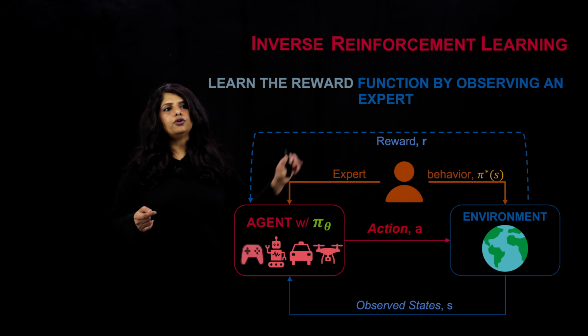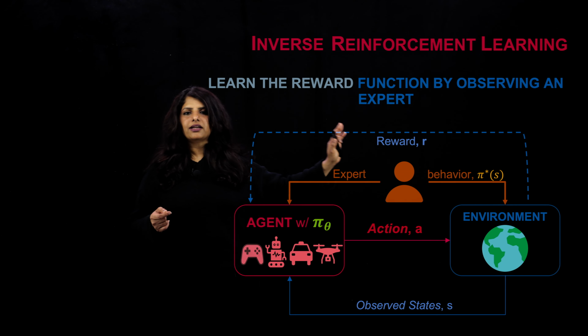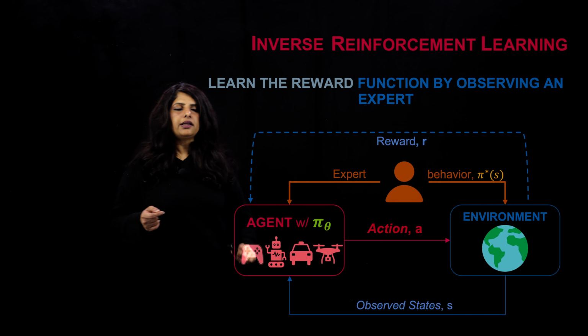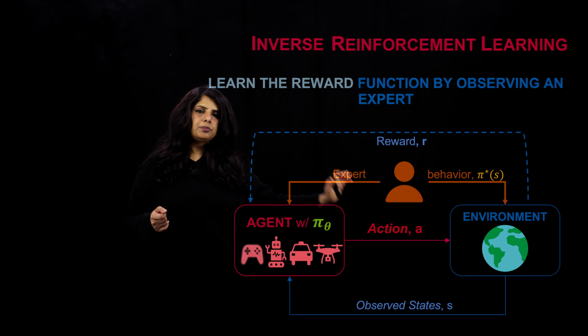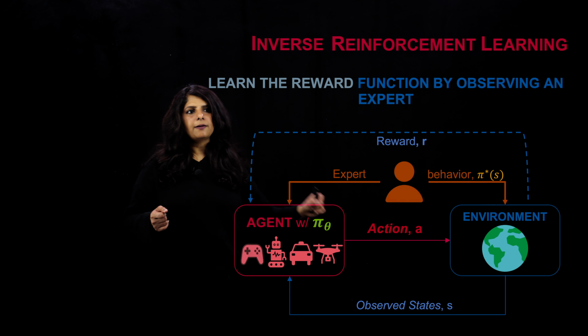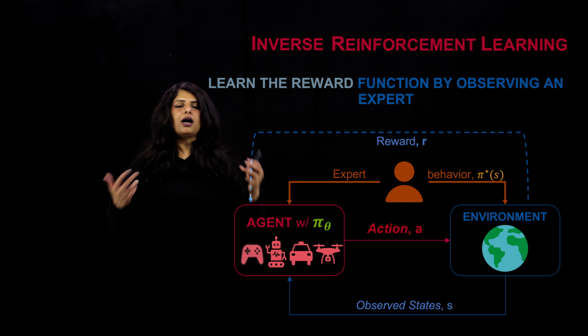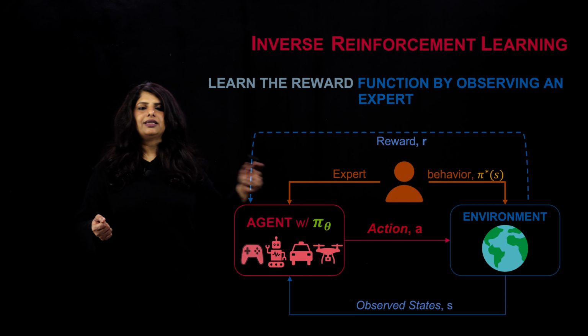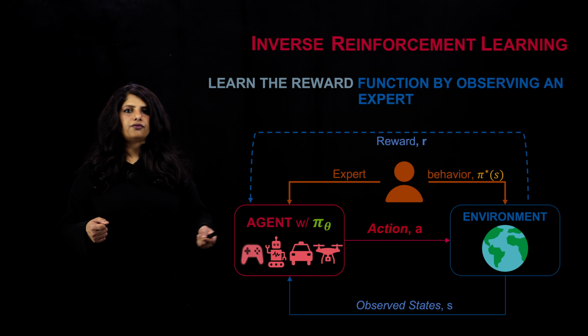Here, we still assume that we don't necessarily have access to the reward yet, but by making use of the expert demonstrations and looking at the state action mappings, we assume that there is some underlying reward that the human is trying to optimize these policies for.